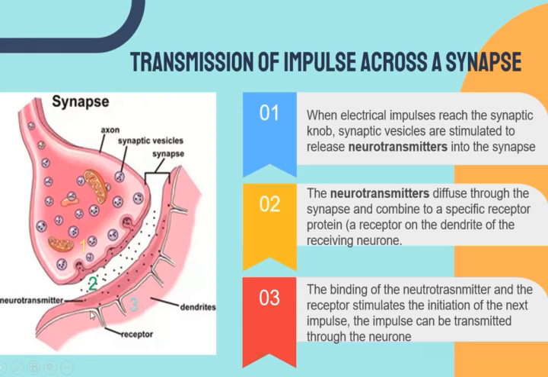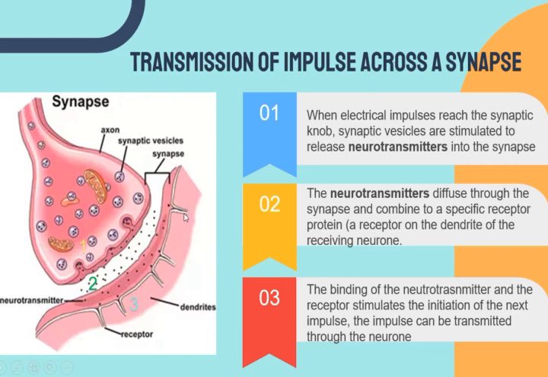The binding of the neurotransmitter to the receptor will cause the conversion of the chemical signals to the electrical signals. And now the new electrical signals will be formed in the next neuron. That is the transmission of impulse across a synapse.